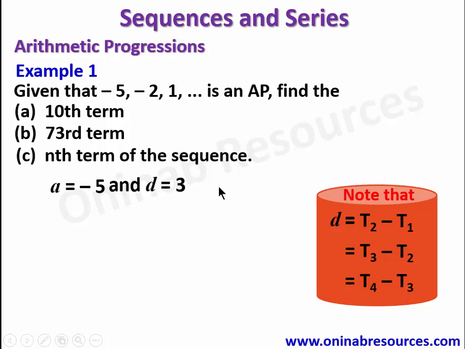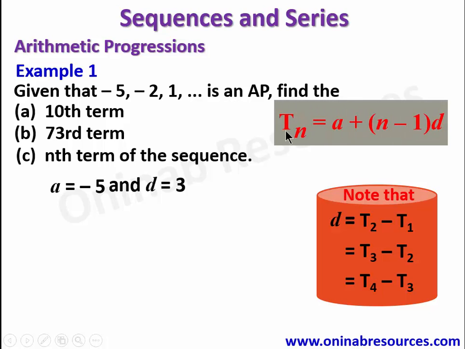So we now get to A. We remember our formula Tn equals a plus (n minus 1)d. For A, we are looking for the 10th term, so we are looking for T10. So T10, our a is -5 and our n is 10.